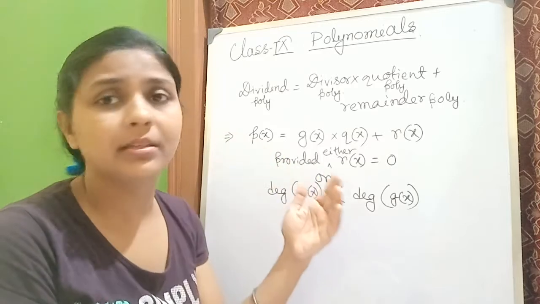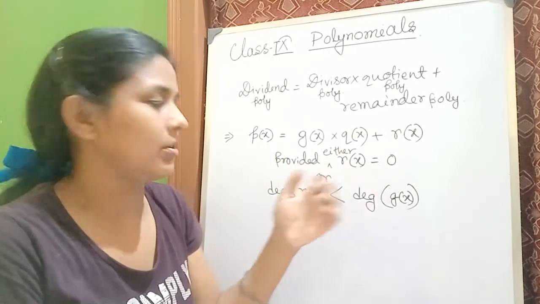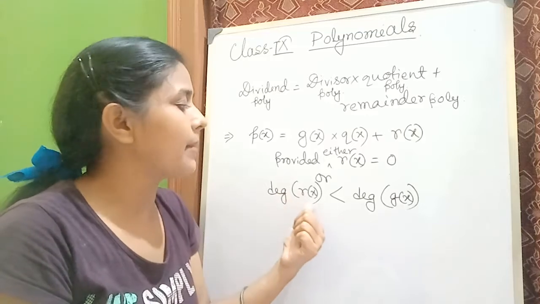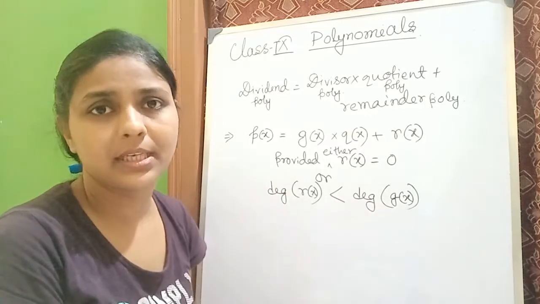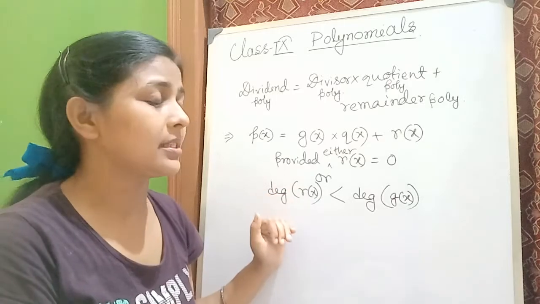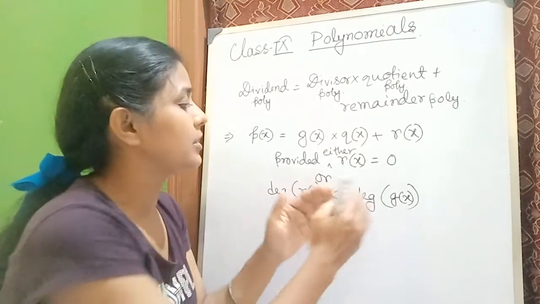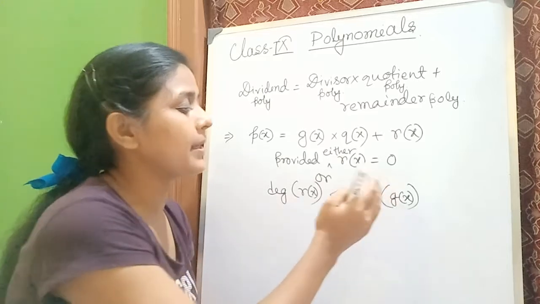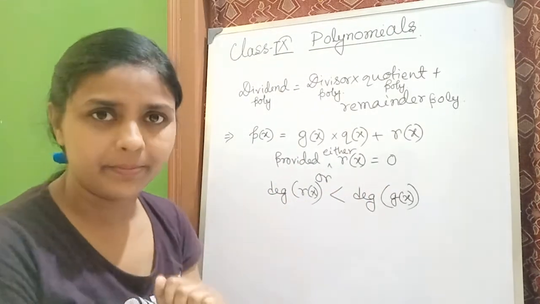But another possibility is that if the remainder is not 0, then degree of r of x is less than degree of g of x. Degree of r of x can't be equal to or more than degree of g of x, because g of x is the divisor and r of x is the remainder.